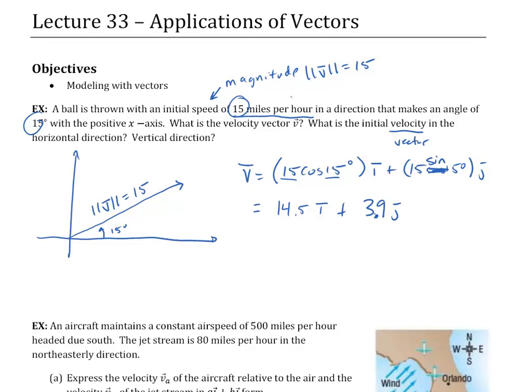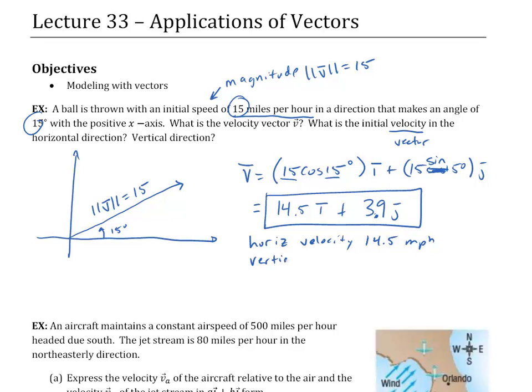Now our units are miles per hour, so this is the velocity vector, and those units are in miles per hour. So the horizontal velocity is 14.5 miles per hour, and the vertical component of the velocity would be 3.9 miles per hour. That's what those components then mean.